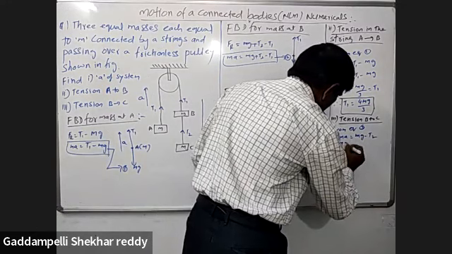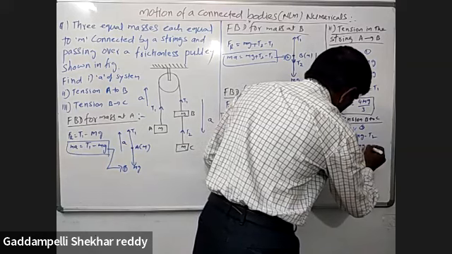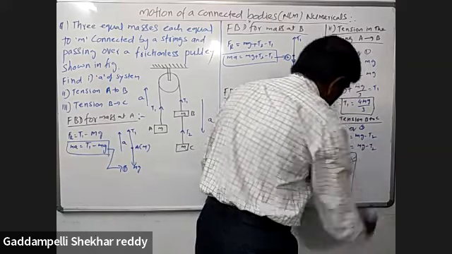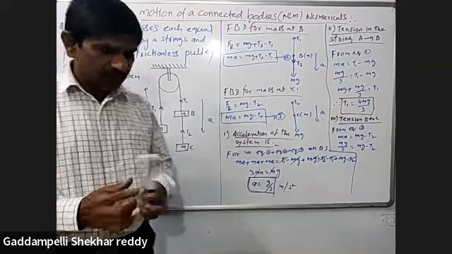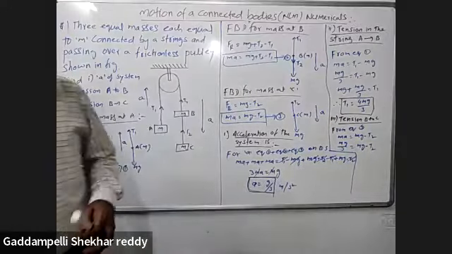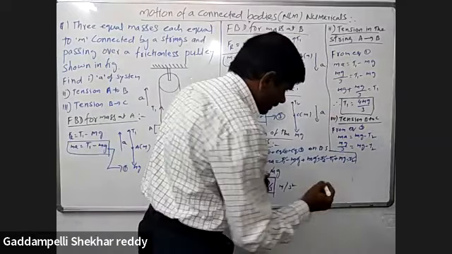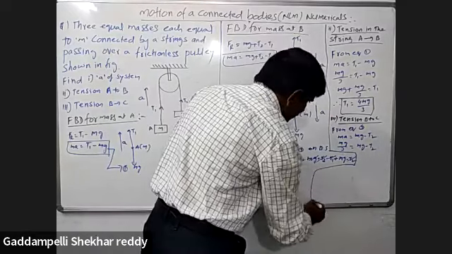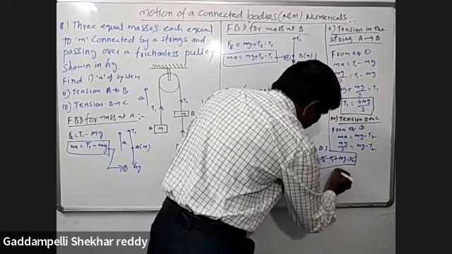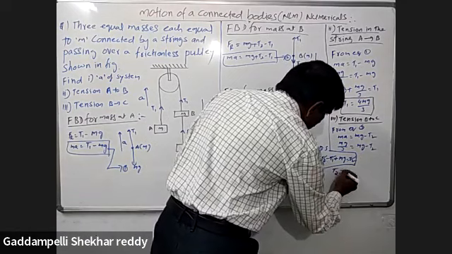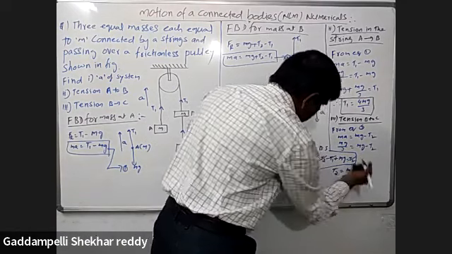That means mg by 3 is equal to mg minus T2. Our requirement is T2, so T2 is transferred here.